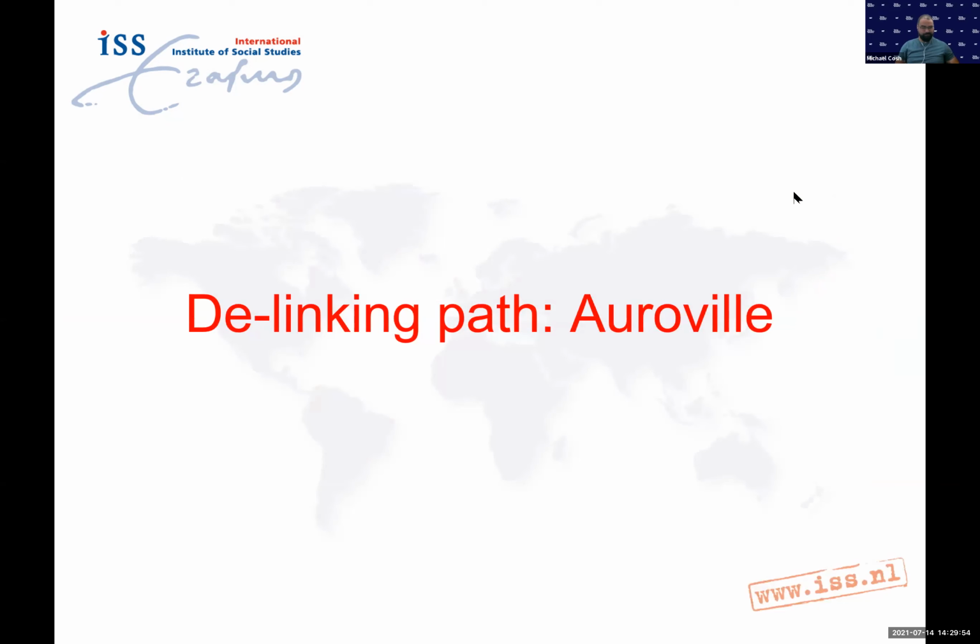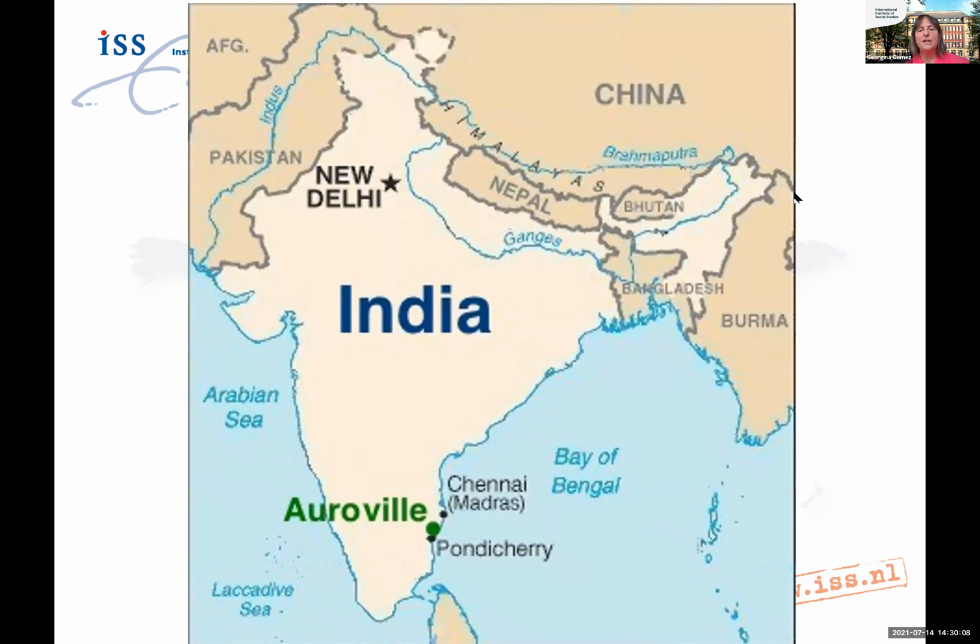Well, one possibility, of course, is delinking completely from the capitalist economy, but this is not a path that many communities opt to go, but it is possible. So there's this community in India, Auroville, they have their own money. So this is a community where there's a lot of spirituality, and it's a place of worship.